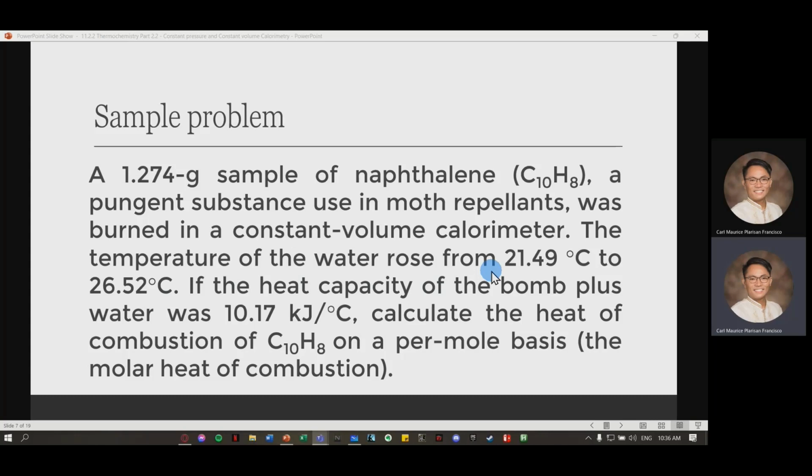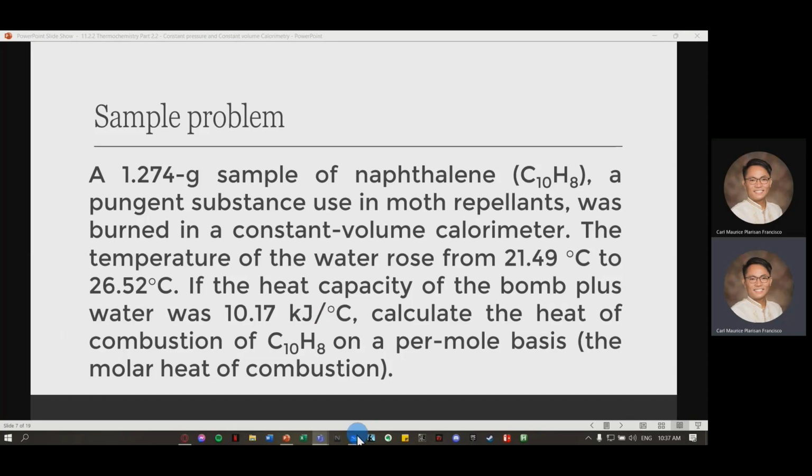Ibig sabihin, nung nagko-combust o ini-ignite ang naphthalene, yung temperatura ng tubig ay umangat mula sa 21.49 naging 26.52 degrees Celsius. If the heat capacity of the bomb, or the Ccal of the calorimeter plus water, was 10.17 kilojoule per degree Celsius, calculate the heat of combustion of the naphthalene on a per mole basis. So we need to solve for the molar heat of combustion. Ang hinihingi ng sample problem ay isolve daw natin kung ano yung heat of combustion.